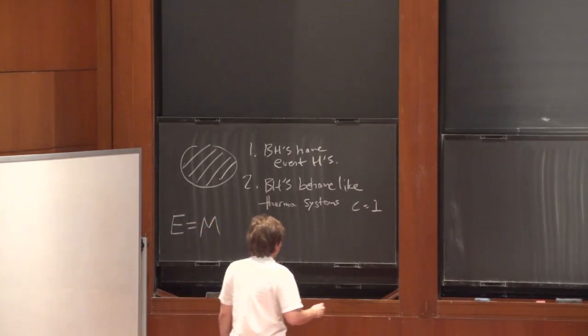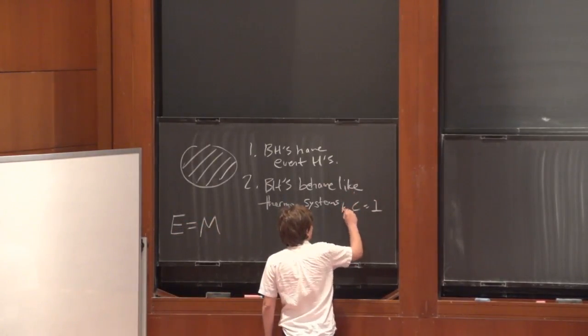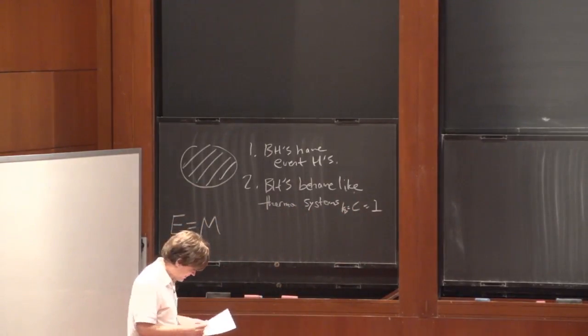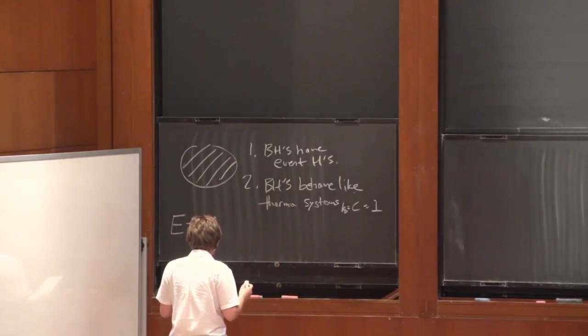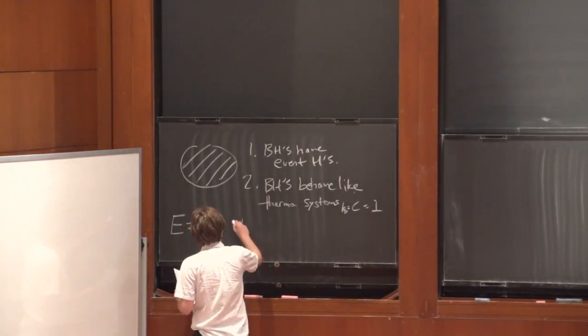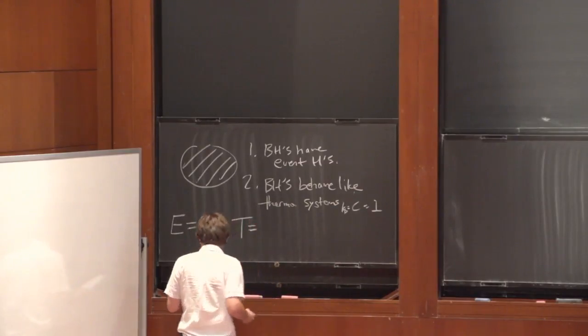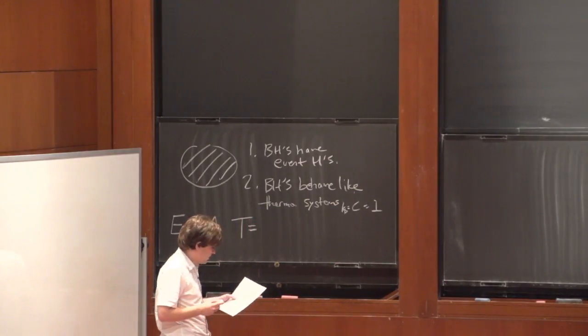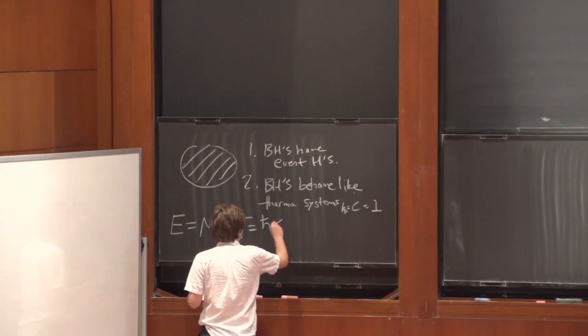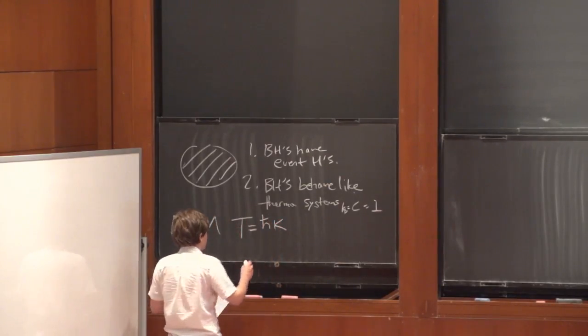I also set k Boltzmann to 1 because it is. Okay. The temperature of a black hole is proportional to something called kappa, which is the surface gravity.